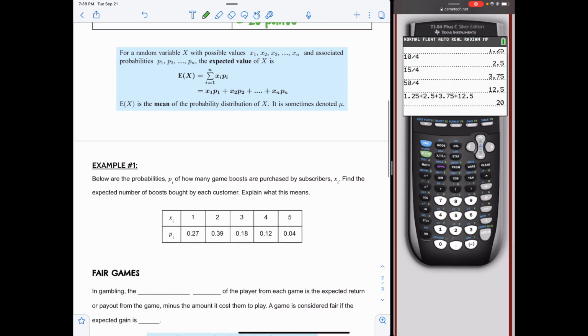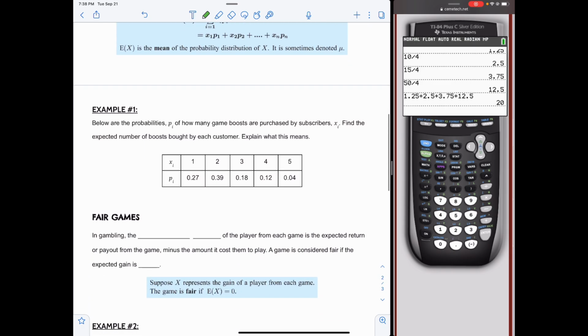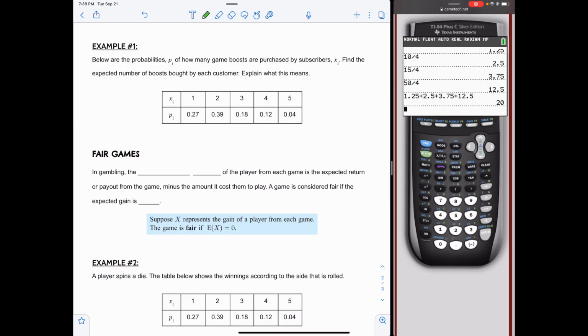So let's look at example number 1. It says, below are the probabilities p sub i of how many game boosts are purchased by subscribers x sub i. Find the expected number of boosts bought by each customer and explain what that means. If I want to find the expected number, then all I would have to do is multiply each number of boosts by the probability of those amount of boosts being purchased.